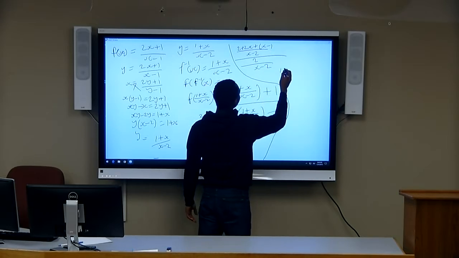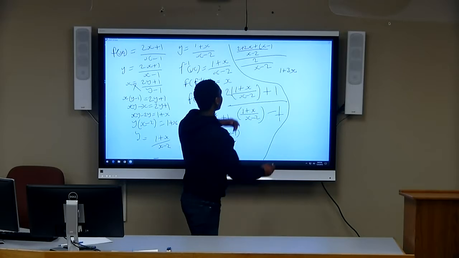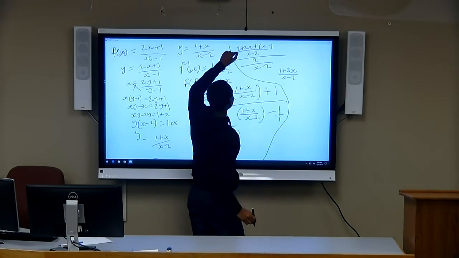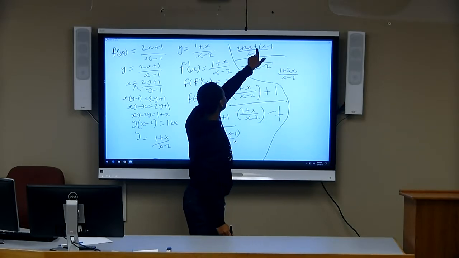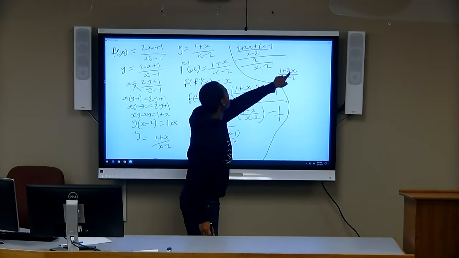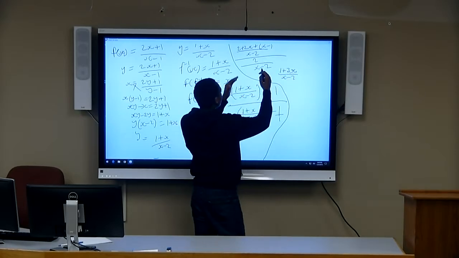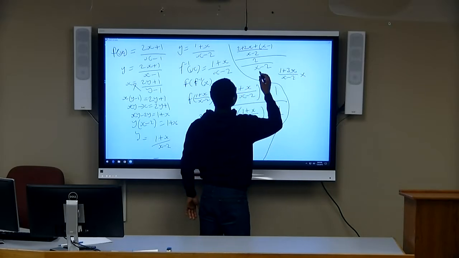So this is 1 plus 3x over x minus 2. This is 2 minus 1 is 1. 2x plus x is 3x over x minus 2. So we're going to flip this thing and multiply it by this. It's going to be x.